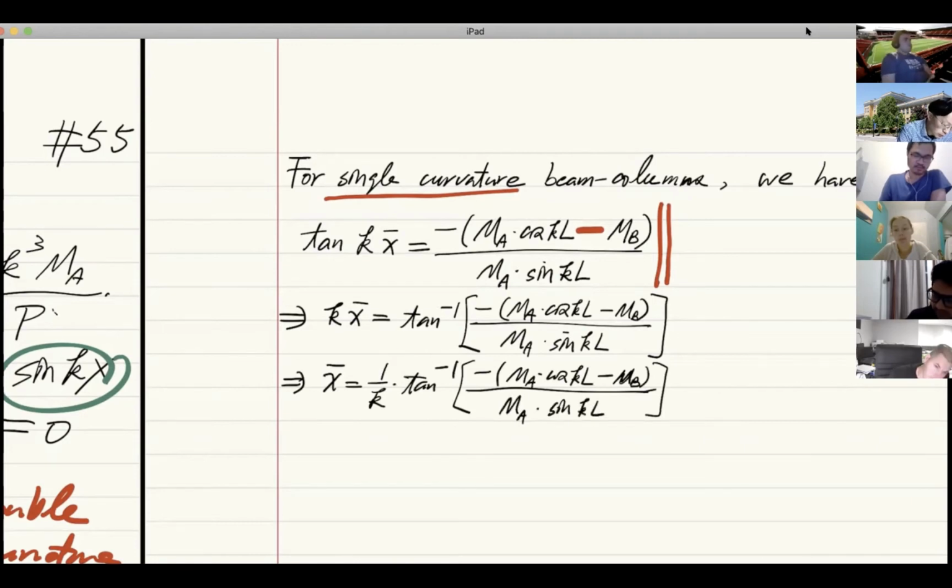So this is the condition for maximum moment in single curvature beam columns.